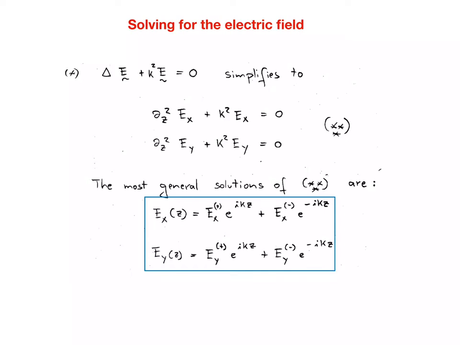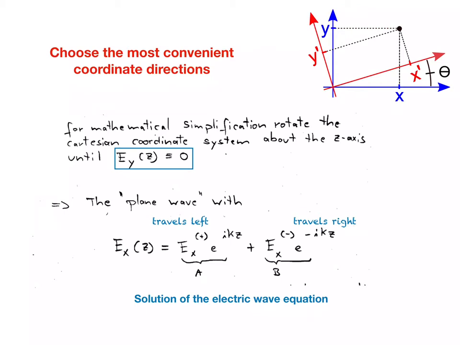Since we are at liberty to choose our Cartesian coordinate system, we can simplify this further. We turn the coordinate system about the z direction, the direction of propagation, until the y component of the electric field is always 0.